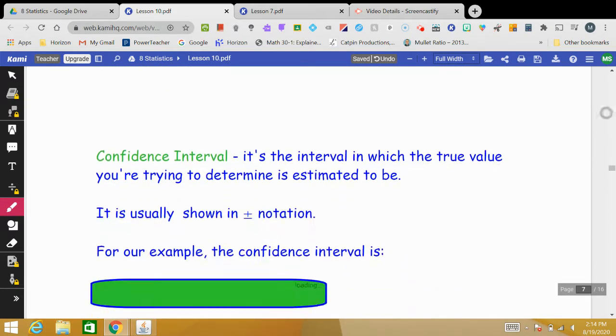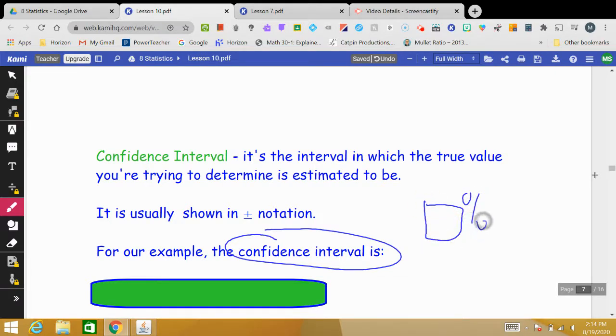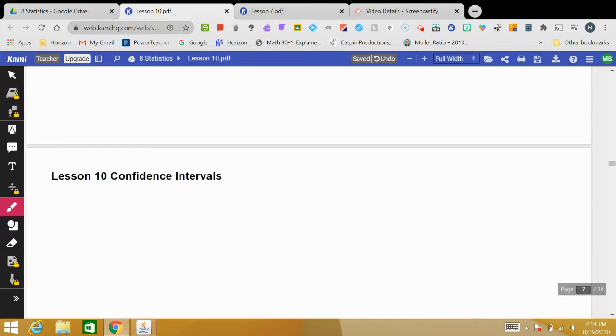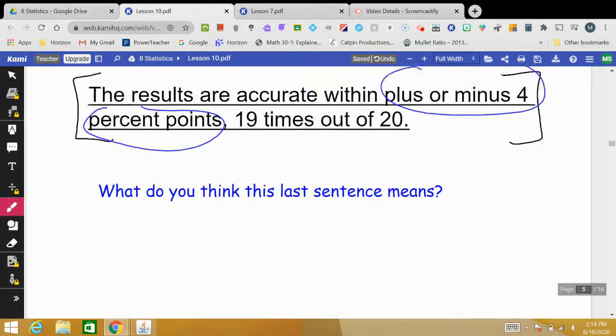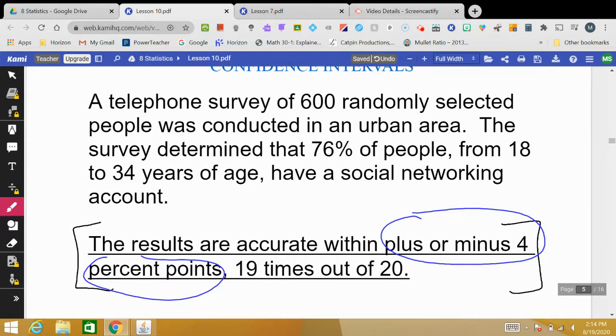The next one is confidence interval. What we do for our confidence interval is we apply that plus minus to our actual survey result. So you take your survey result and you add and subtract the margin of error number. If we go back to our original question, it says 76% of people aged 18 to 34 have a social networking account, plus minus 4%.